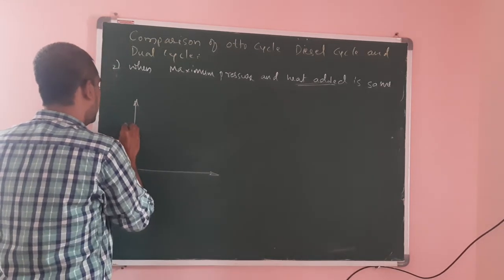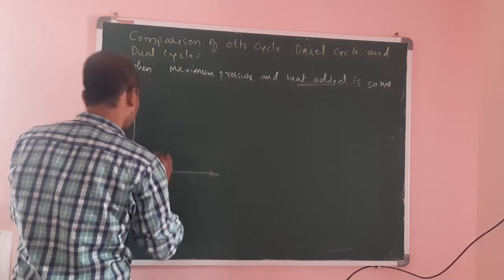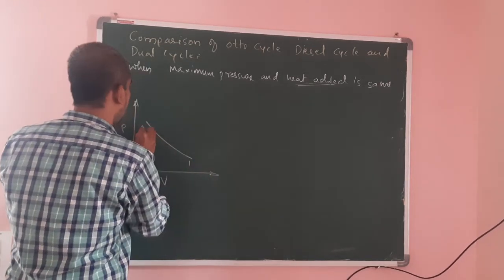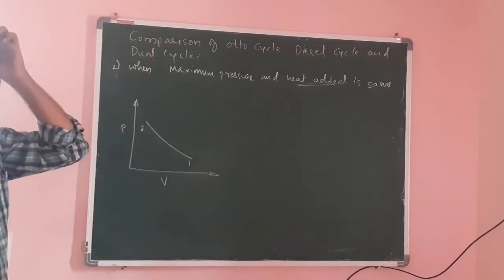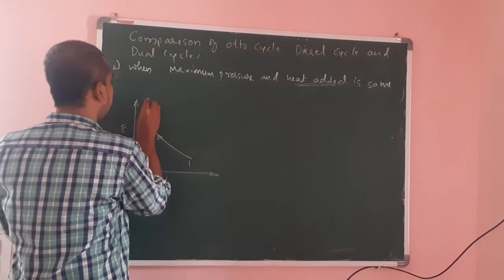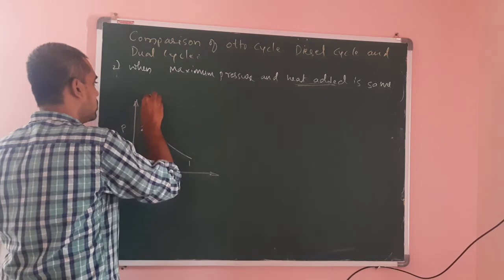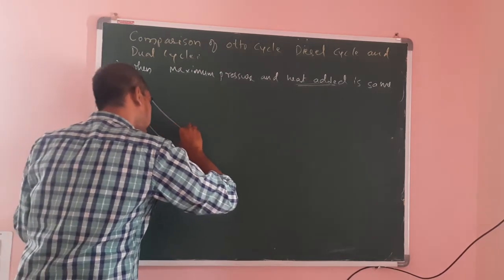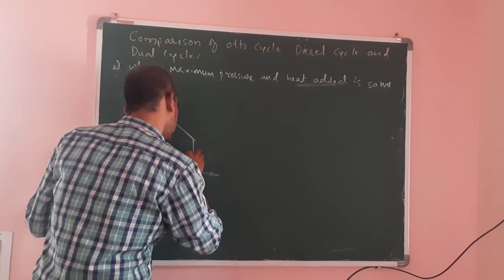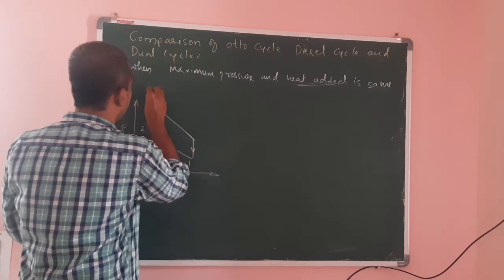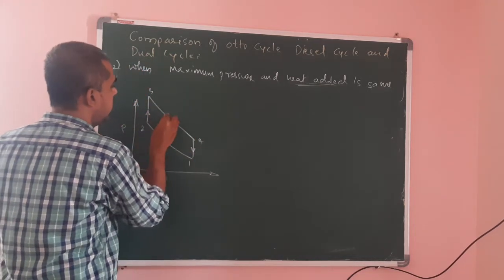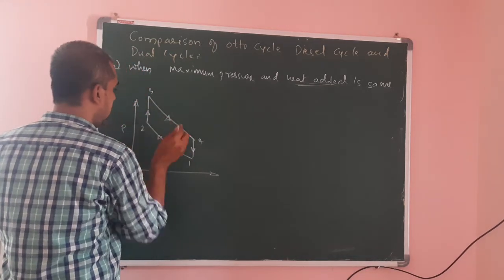This is 1 to 2, isentropic compression. 2 to 3, constant volume heat addition. 3 to 4, isentropic expansion. 4 to 1, constant volume heat rejection.